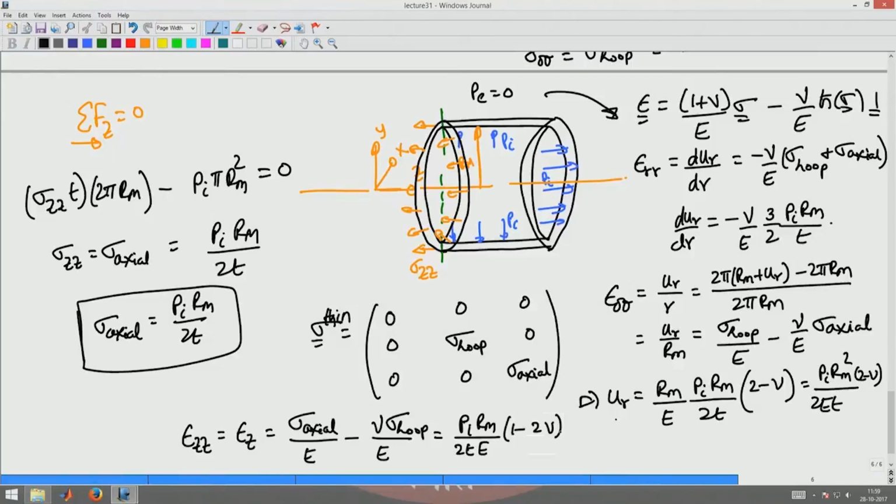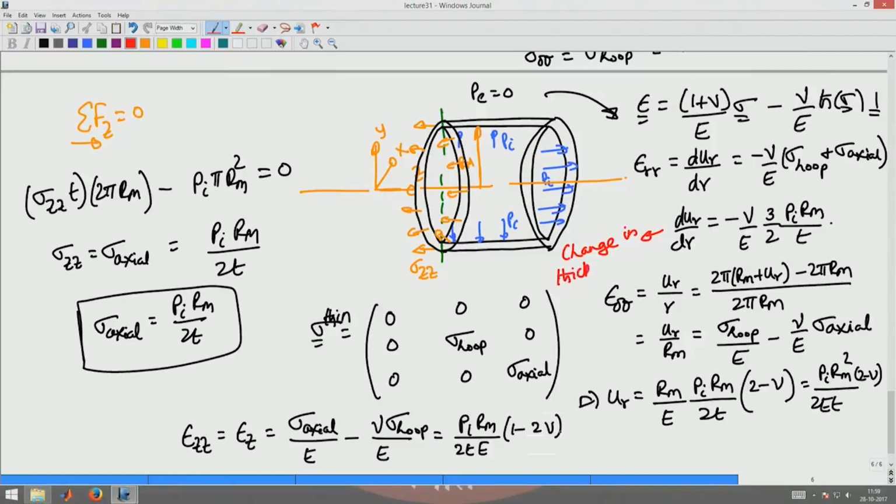U of r is the radial displacement of the cylinder. So, I can associate it with this circumference change, but what is this dur by dr? The radial component of the strain gives you the change in thickness of the cylinder.